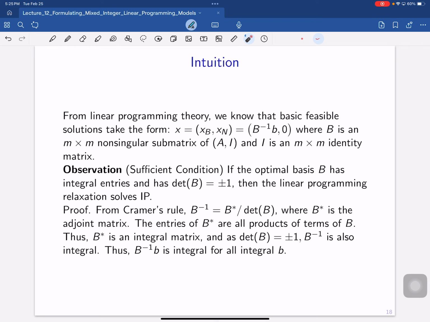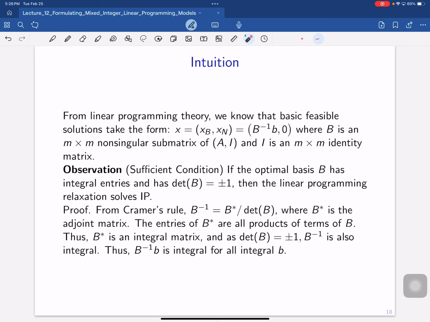For all the other non-basic variables, you set them as 0, right? So the idea is if the basis matrix has some very interesting property, then this B inverse times small b will be integer, if, let's say, small b is already integer, for the sake of the argument. So B is an m by m non-singular submatrix, okay? And I is an m by m identity matrix.